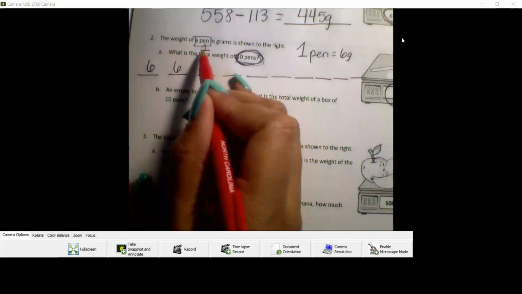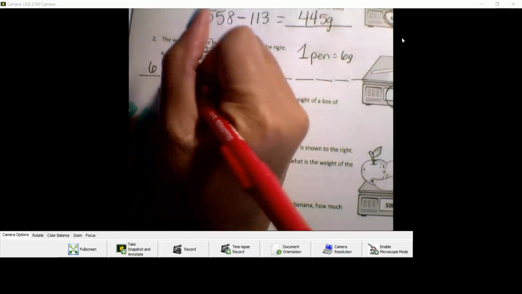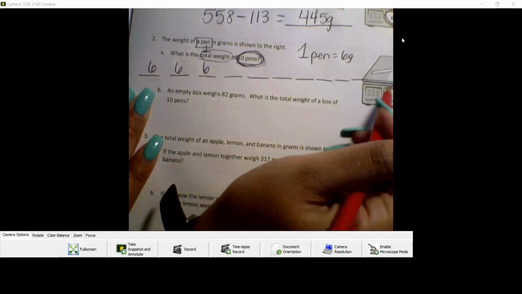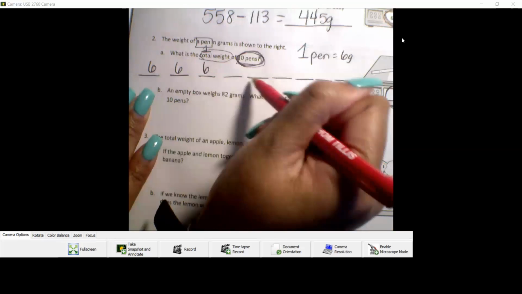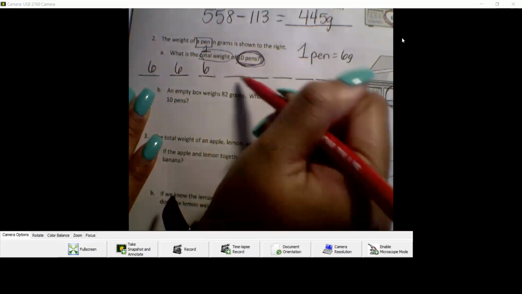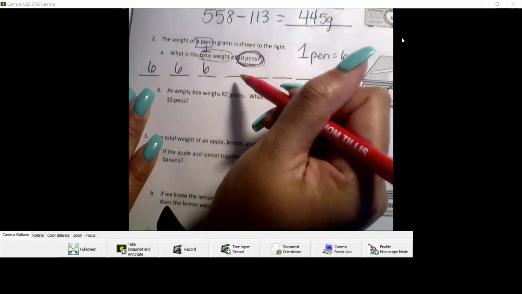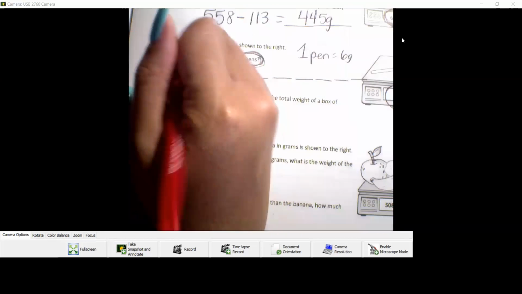Okay? Then it asks for the total weight. So when it's total, that either means addition or multiplication. In this case, because we've already written out 10 pens, and we know how much each pen weighs by itself, we just add them.